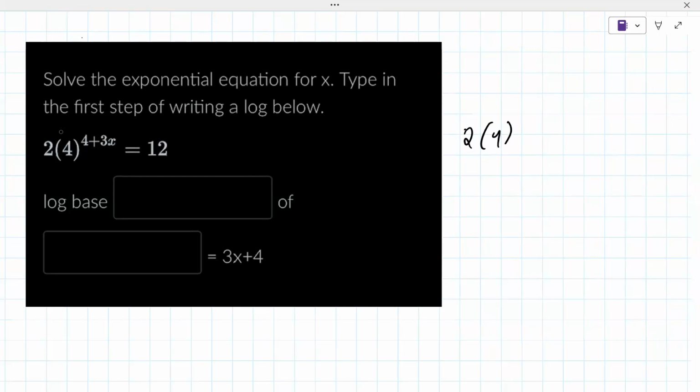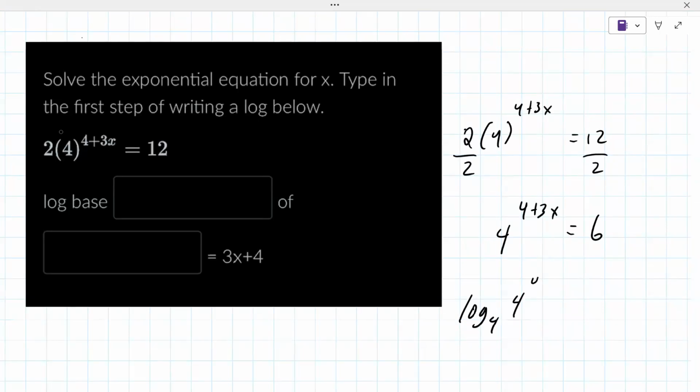I don't really follow this, because the first thing I actually do is divide both sides by 2. And then you would take the log base 4 of 4 to the 4 plus 3x equals the log base 4 of 6. And then you'd bring this 4 plus 3x out in front.